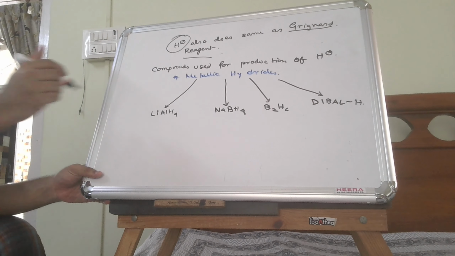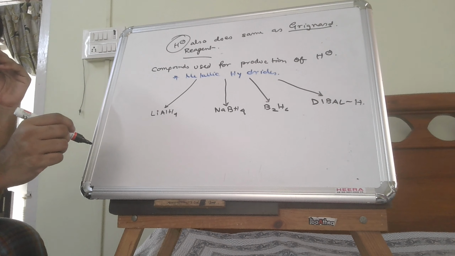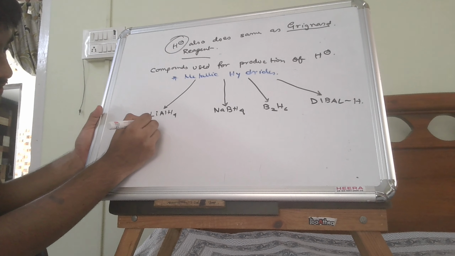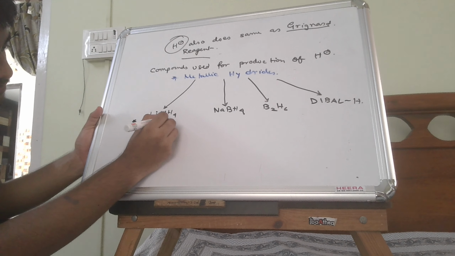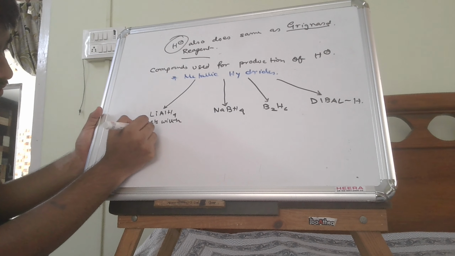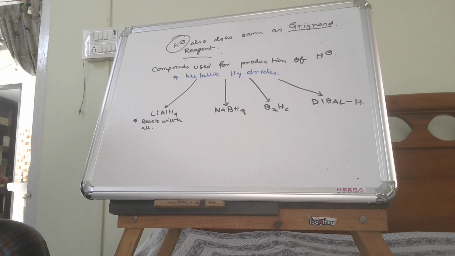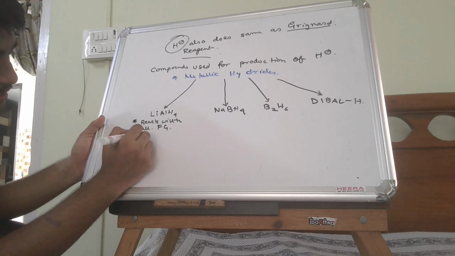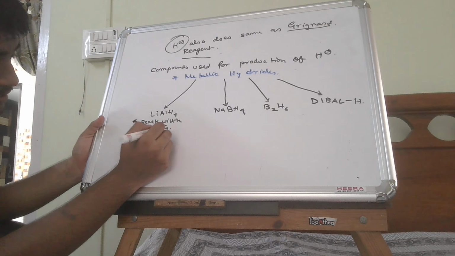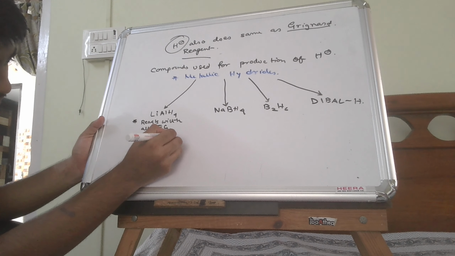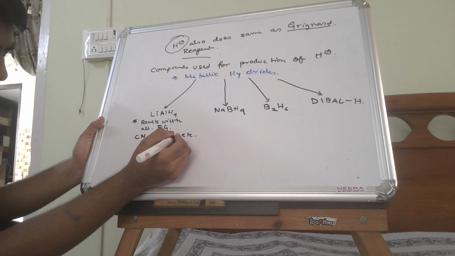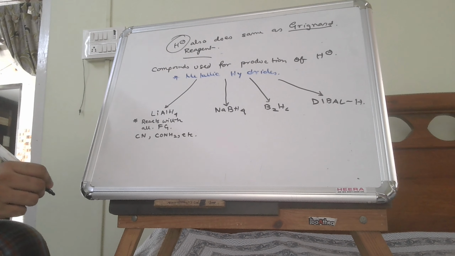Now LiAlH4. You don't have to remember everything, but remember these points. LiAlH4 reacts with all functional groups, such as CN, amide, etc. It will react with all the functional groups because it's highly reactive.